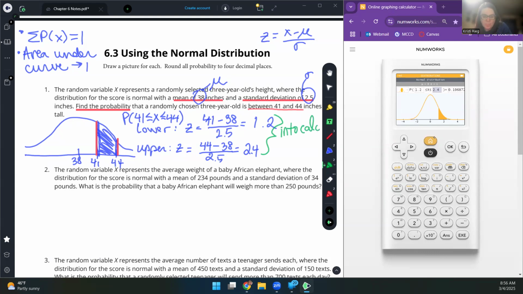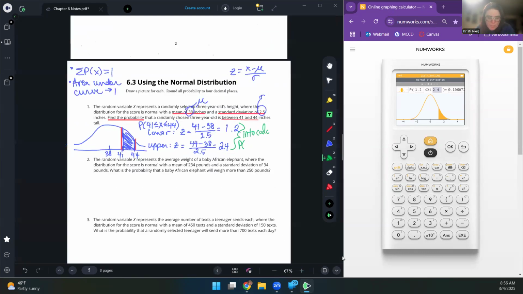And the answer, the probability, let me make this a little smaller for a second so I can fit everything, because I cannot write this one into calculator. P of 41 < x < 44 equals 0.1069, rounded to 4 decimal places.